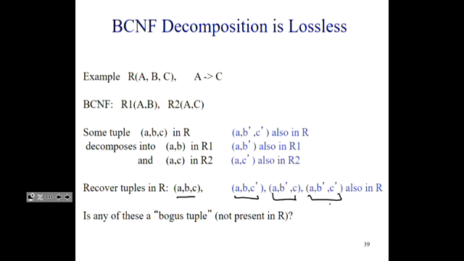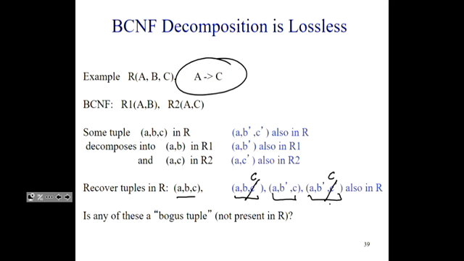And the answer to that is, as it turns out, because of this functional dependency, A implies C, all of these tuples boil down to the same original tuples. Since I have A implies C, I know that C prime has to be equal to C. Since C prime is equal to C, I basically get back ABC, AB prime C, AB prime C, and ABC.